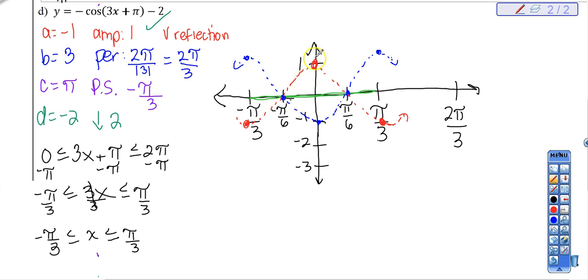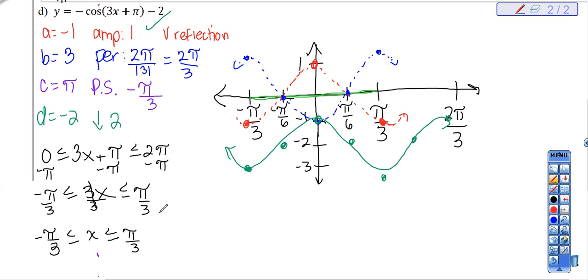I just have to push all of these points down 2. So this point's going to come down here, this point's coming here, here, here, and here. Then I would like you to continue to follow that pattern a bit so that you can see what's happening for more than one cycle, just so that you can see the pattern of the cosine function. And there it is.